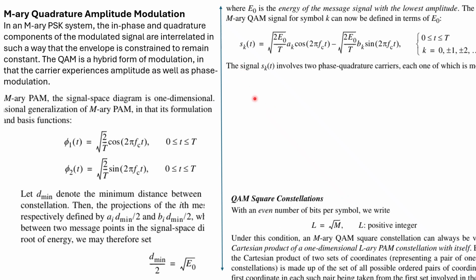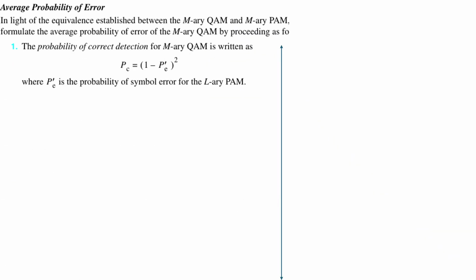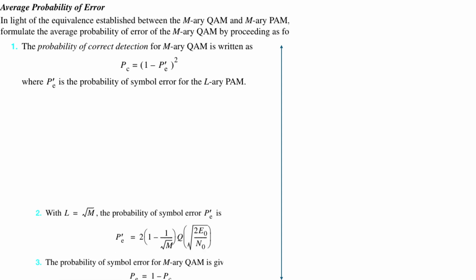So find out S1 and the other signals, and then you can find out the signal constellation for M-ary QAM. This will have a higher constellation, and PC is the correct detection probability for M-ary, and the probability of error is 1 minus PC, right? PC is equal to 1 minus PE.